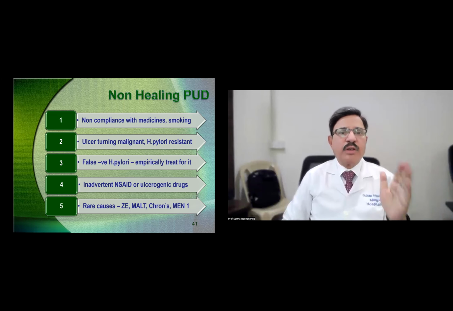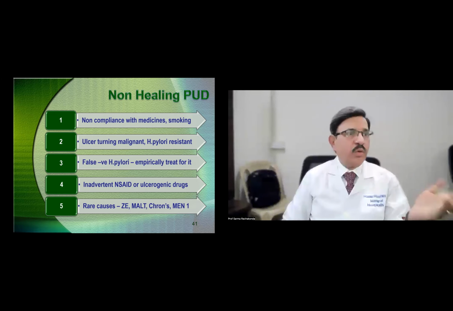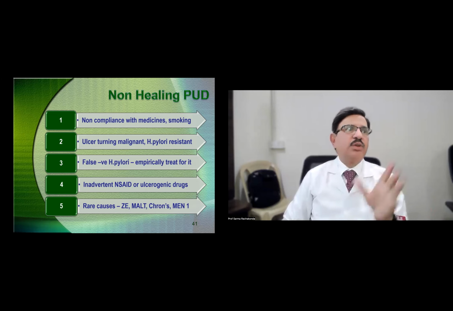Supposing we know that he's strictly taking medicines, he is not a smoker, or he stopped smoking, still the ulcer is not healing, ulcer turning malignant could be the reason. That means ulcer has become malignant ulcer. You may require a repeat endoscopy and biopsy. Ulcer turning malignant will not heal. Or the H. pylori that you have detected, you have treated with 3 drugs, but it is resistant H. pylori.